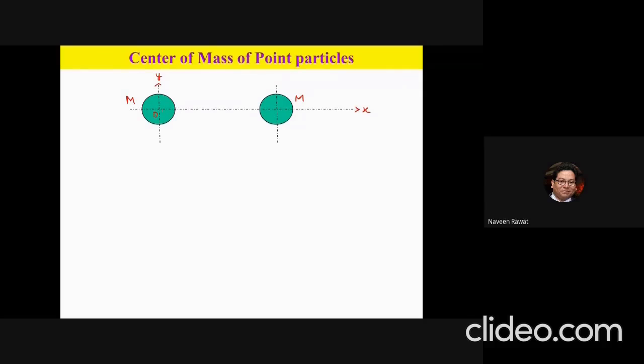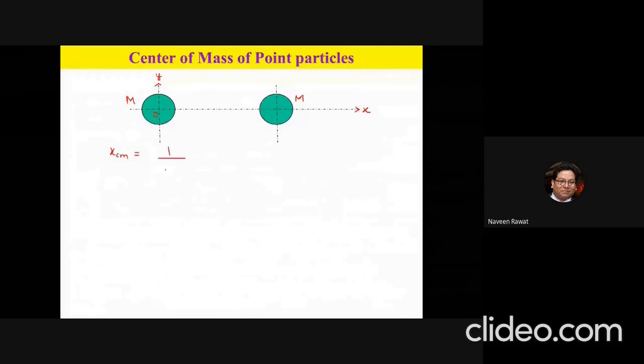So now I want to find where the center of mass is for these two objects combined. That means I have localized it on this value on the y-axis, so the y coordinate will be 0. All I have to do is calculate the x of the center of mass. So again, the x of the center of mass will be 1 upon total mass, which will be m plus m.